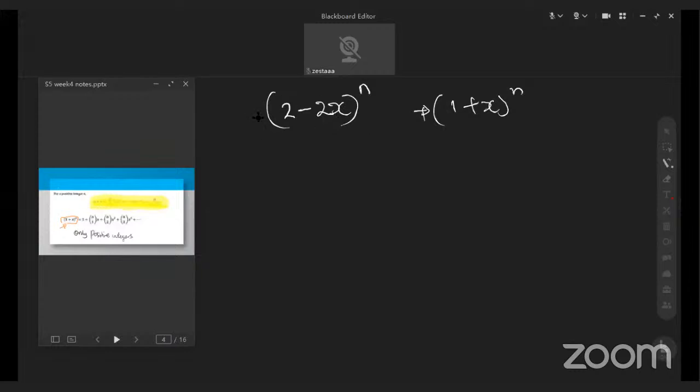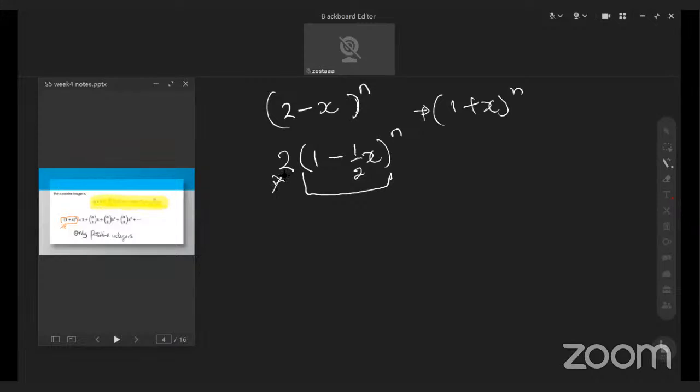So in so doing, you can pull out the 2. This is minus x to the power of n. So you put the 2 outside into 1 minus a half x, into that to the power of n. So literally, we are going to simplify this first, and then we multiply it by 2.